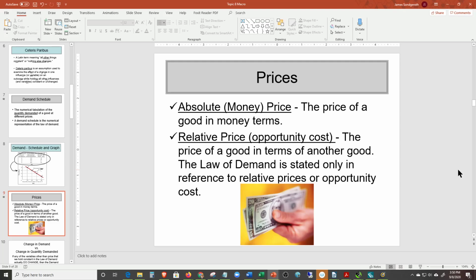Obviously, the absolute price would have changed, but has the relative price changed? As it turns out, it has, but not as much as the absolute price has changed. If I remember when we get there, I'll try to come back and underline this idea, okay? So basically, keep in mind that when we talk about the law of demand, we're talking about the opportunity cost, okay?